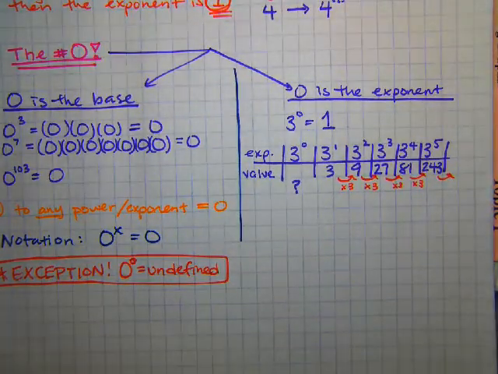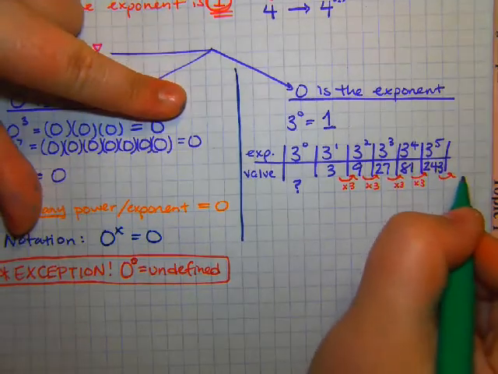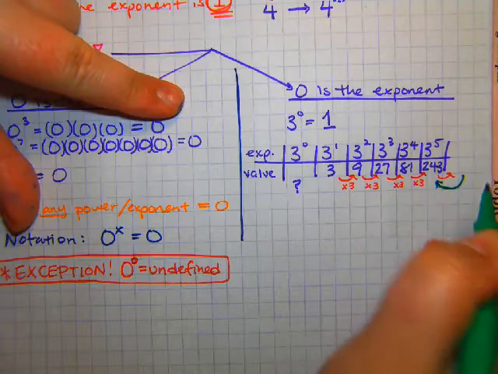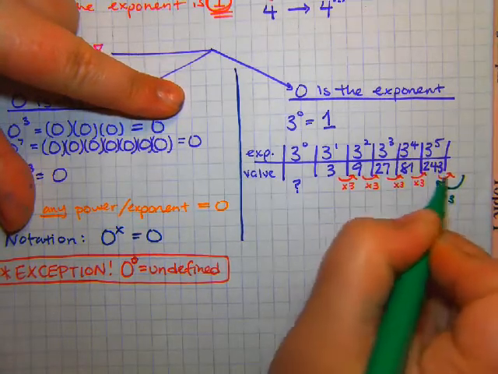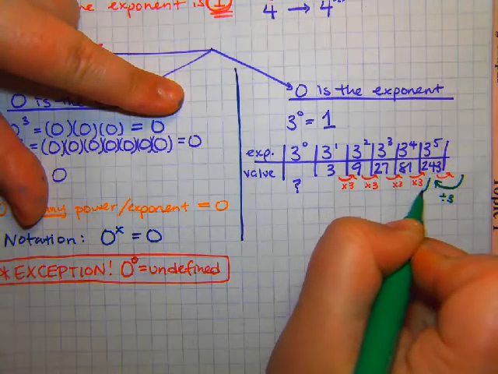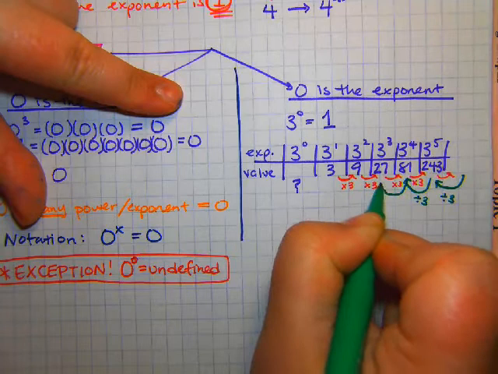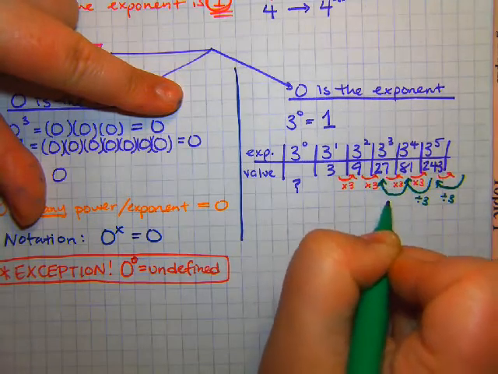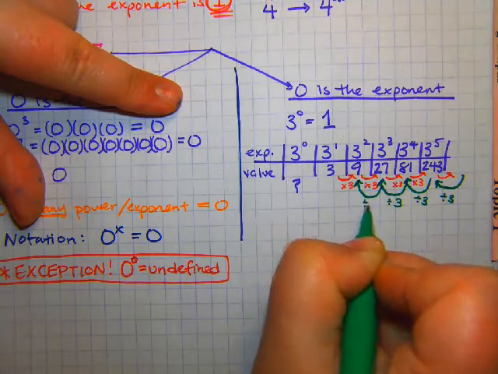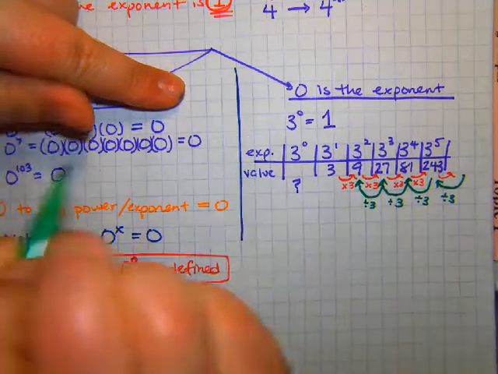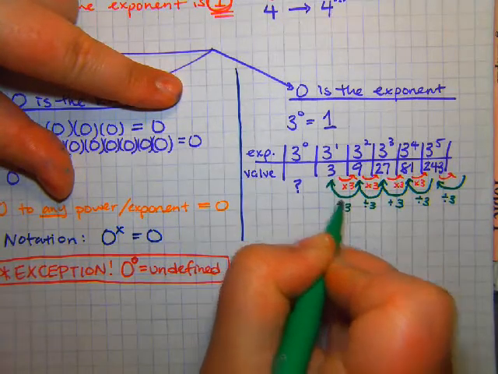Well, this works when we also go backwards. But when we go backwards, we have to do the opposite of times 3, and that's divide by 3. So 243 divided by 3 is 81. 81 divided by 3 is 27. 27 divided by 3 is 9. And 9 divided by 3 is 3.